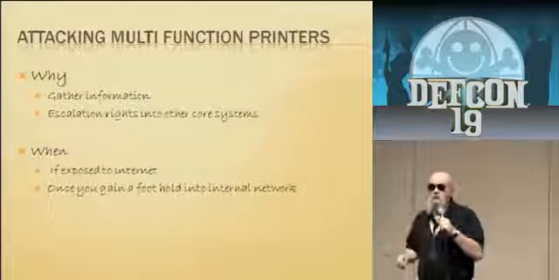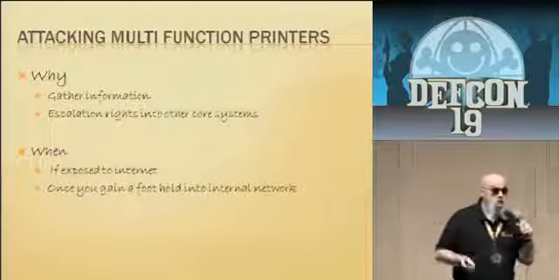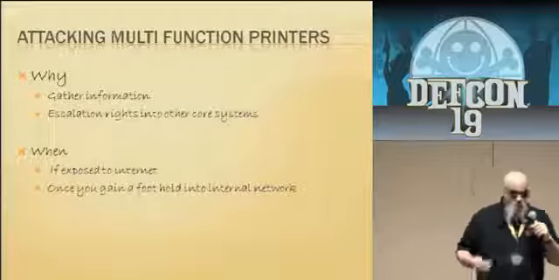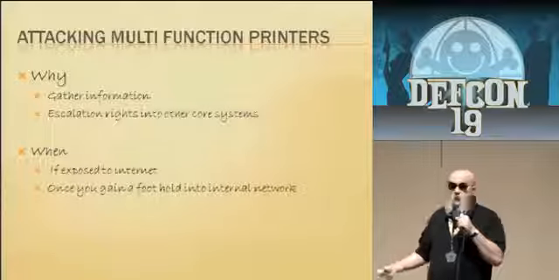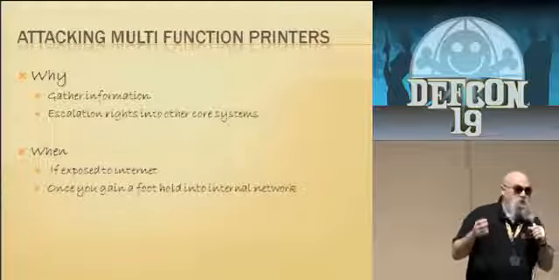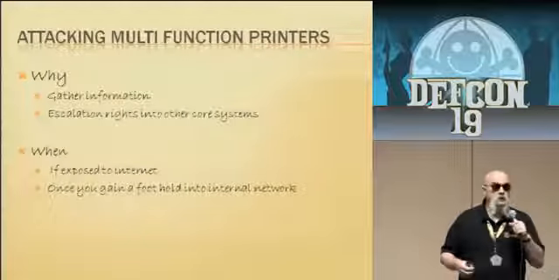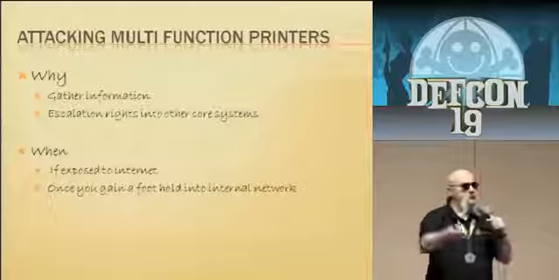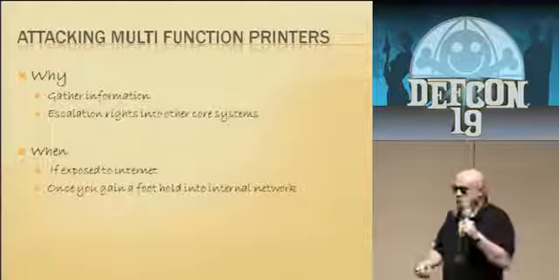And probably half of them have no password set or default factory passwords. The other example is once somebody gains a foothold into your environment, whether it's an internal user, a disgruntled employee, or an external attacker who has gained access to your environment.